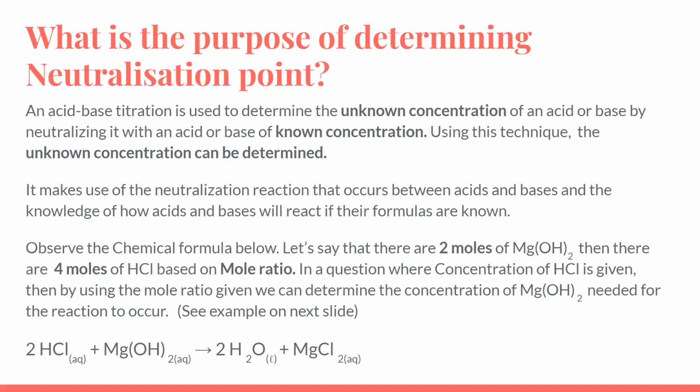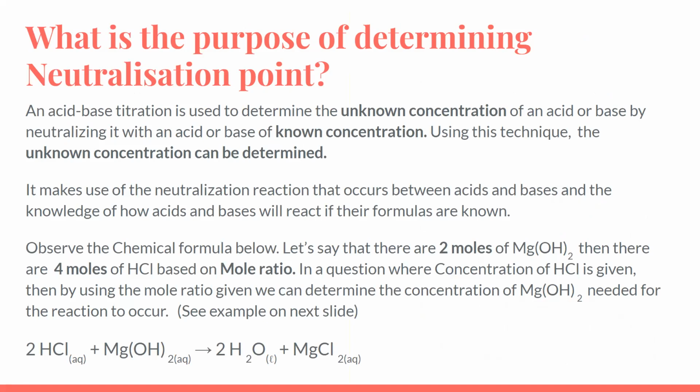Let's go back a little bit. So what is the purpose of determining neutralization point? Why do we have to look at the exact time when the indicator changes color? Well, an acid-base titration is used to determine the unknown concentration of an acid or a base by neutralizing it with an acid or a base of known concentration.